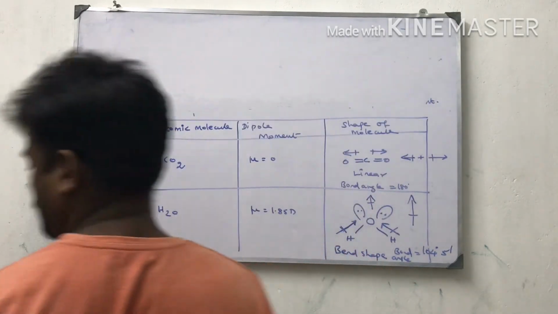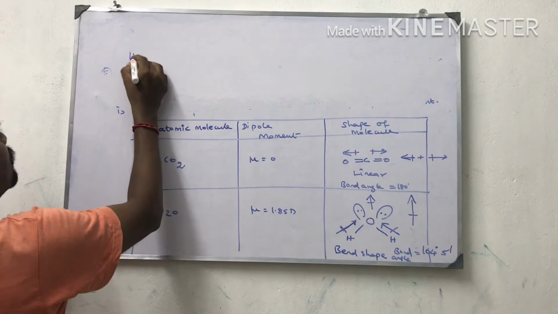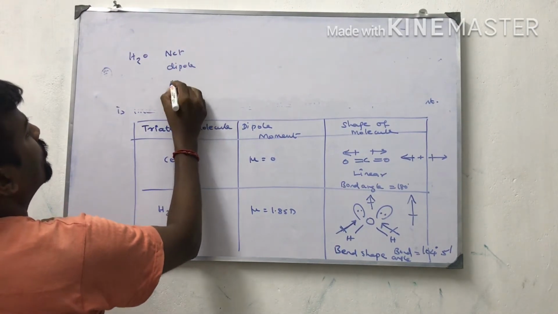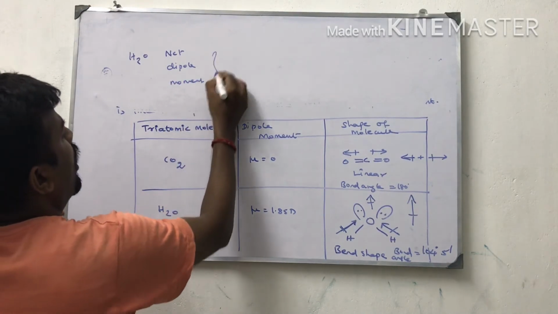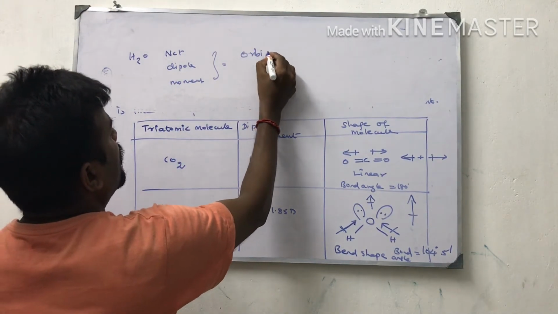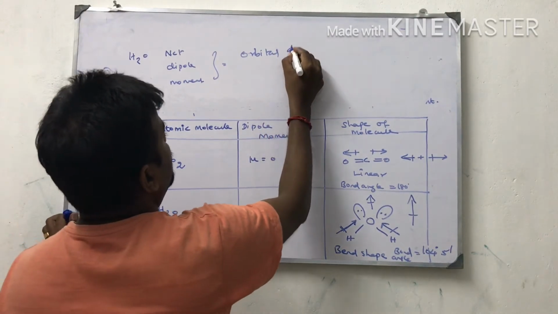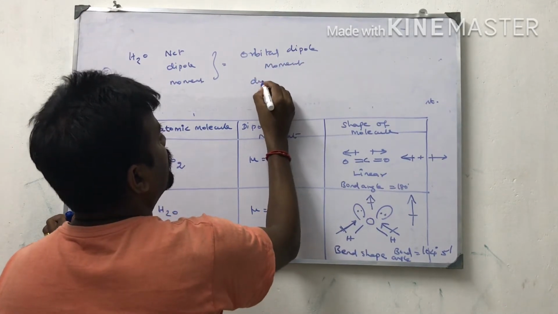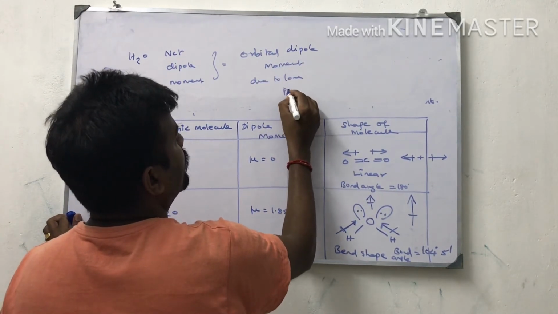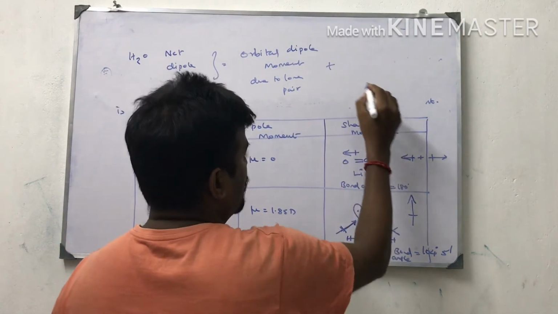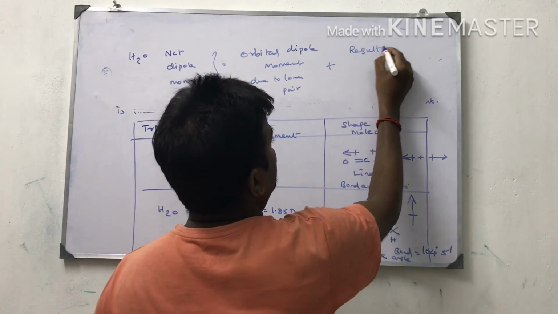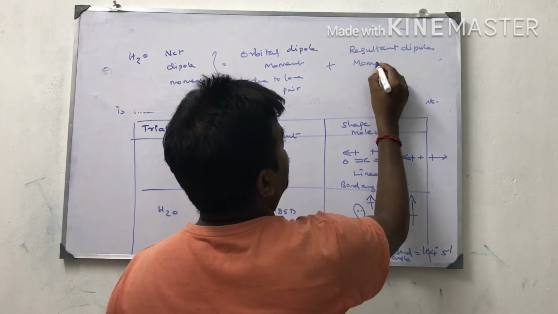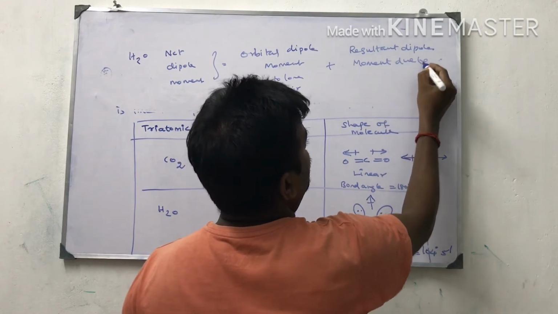In water, H2O, the net dipole moment is equal to the orbital dipole moment due to the lone pair plus the resultant dipole moment due to the bond pair.